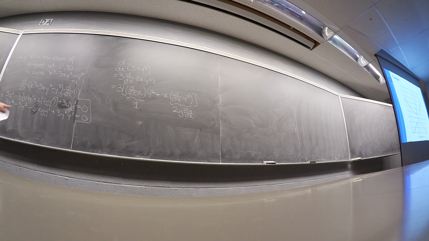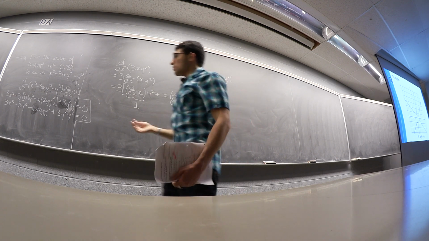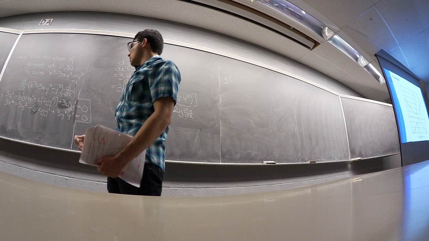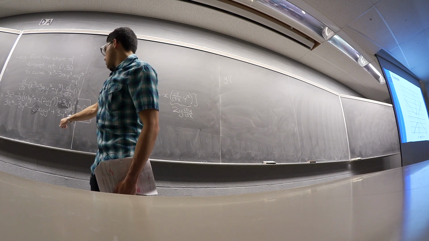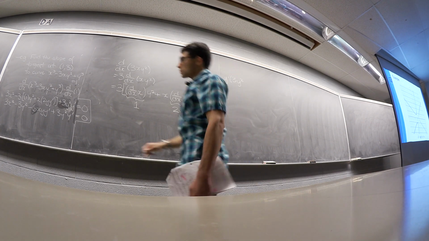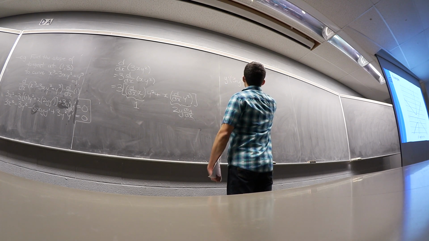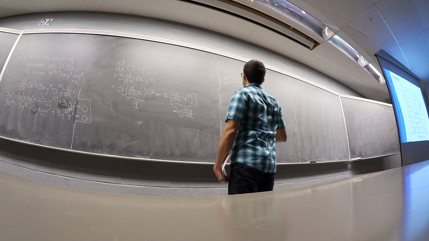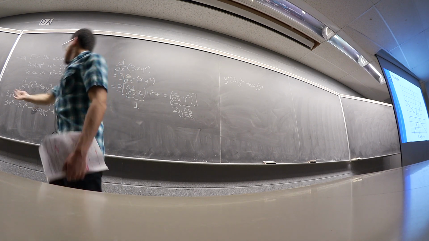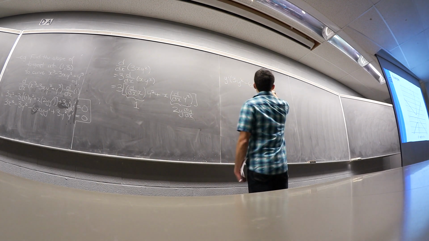So what have we got? The first step in solving: isolate all the y prime stuff on one side, then factor out the y prime. So here we go. Y prime times 3y squared minus 6xy, and this other stuff comes to the other side: 3y squared minus 3x squared.